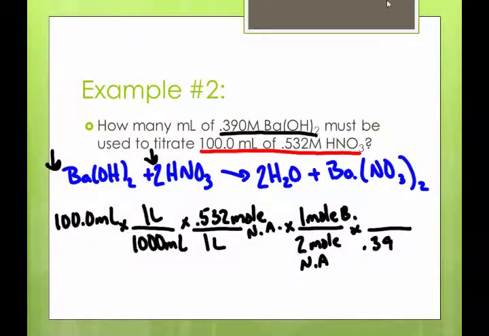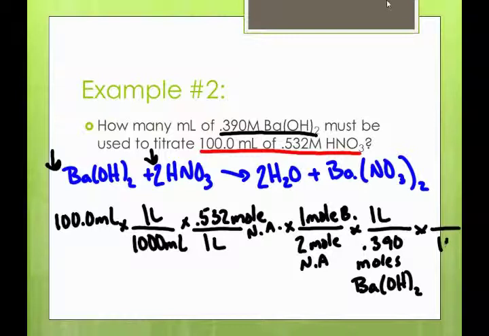So 0.390 moles of barium hydroxide to 1 liter. And last, to go to milliliters, 1,000 milliliters per liter. And when that's all said and done, I have 67.1 milliliters of barium hydroxide solution.